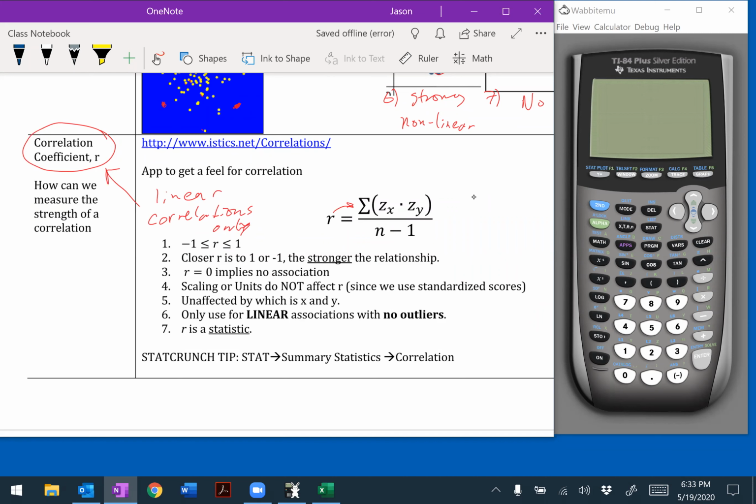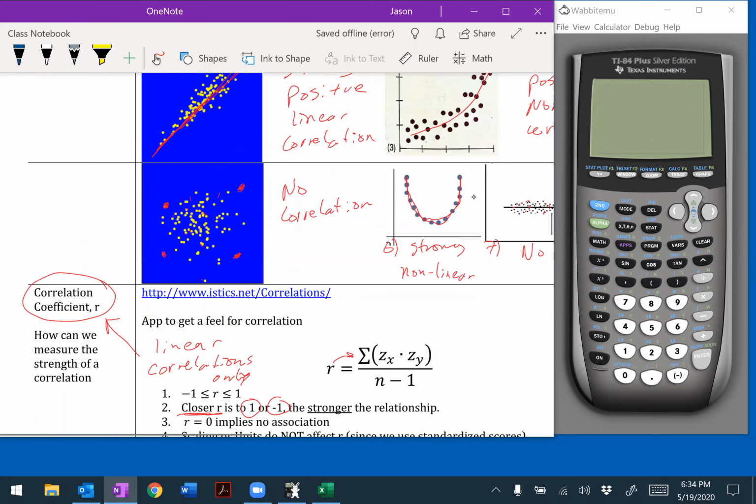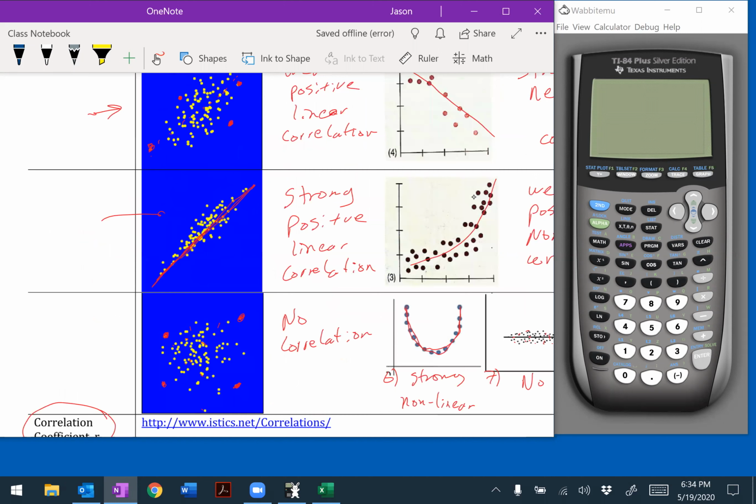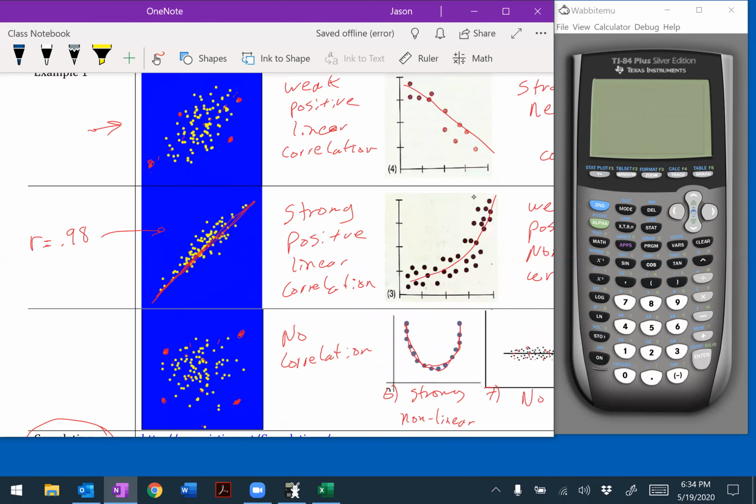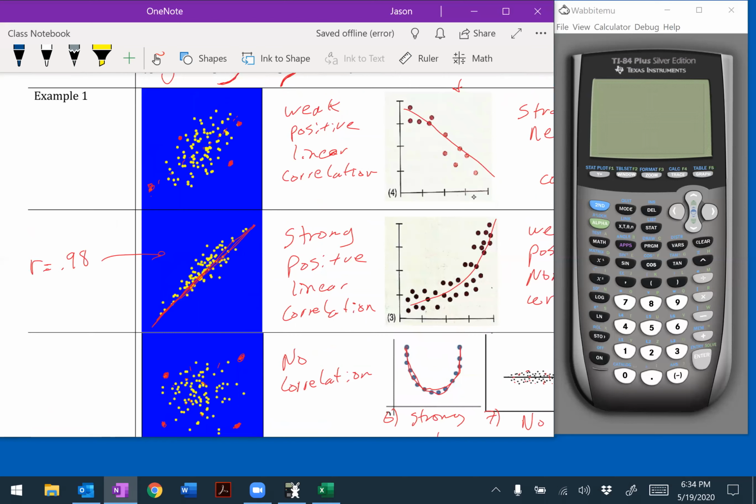It says the closer R is to 1 or -1, the stronger the relationship. So if we look back up here, where we have a strong relationship, R, our correlation coefficient, is going to be very close to 1. Maybe it's like 0.98, and it's positive. Now, this one above it would have maybe an R value of 0.38.